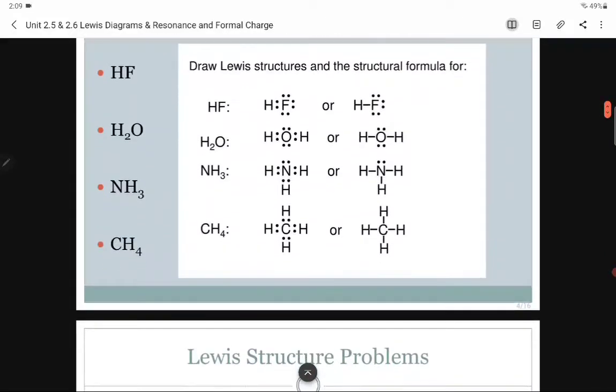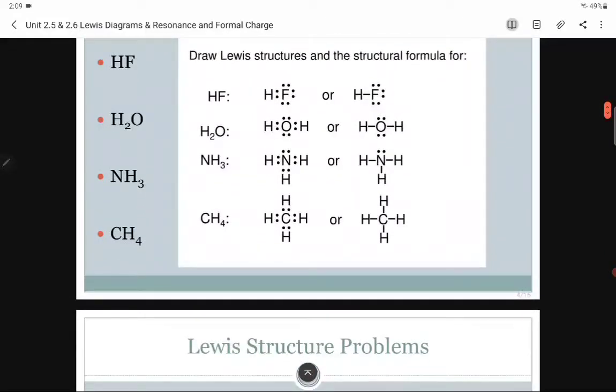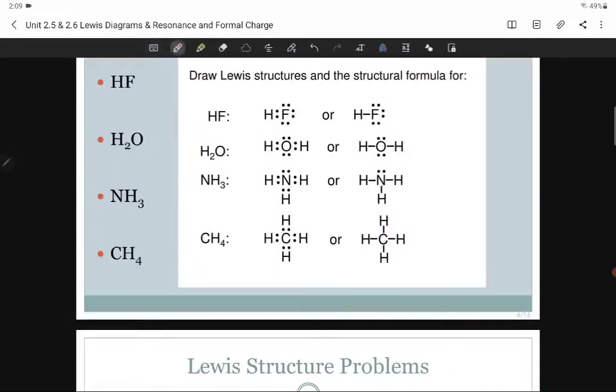So here are some examples, and you can use all dots if you'd prefer. You could use a combination of dots and lines, but you definitely need to use dots if they're unshared electrons. Okay, and on top of that, because you might have lots of dots, it's a good habit to get into.